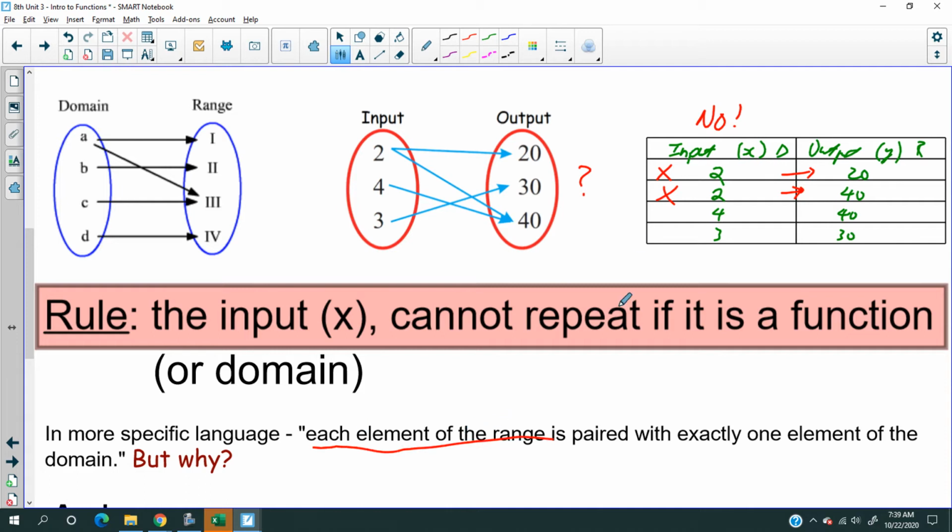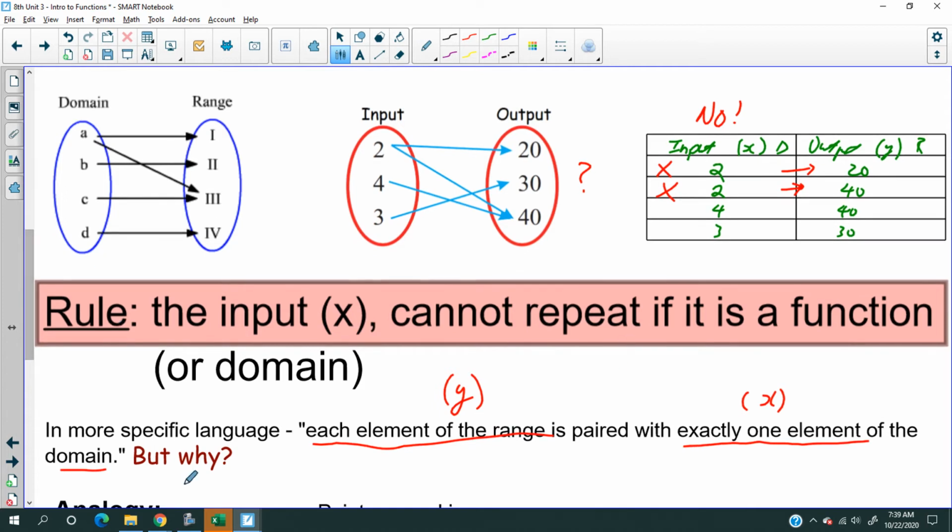Each element of the range, that's y, has to pair with exactly one element of the domain, which is x, okay? And you can say each element of y is paired with exactly one element of x. You can say that. And then you can say it for dependent variable, independent variable, all that, okay? So got that?